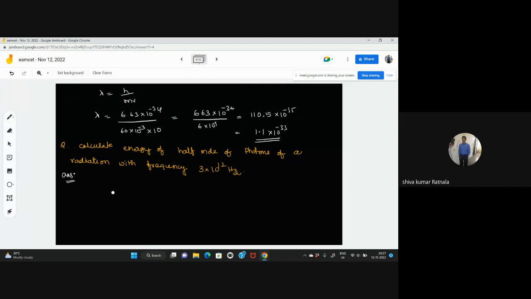Can I solve? See. Now, generally, what we can say, this is photon frequency given, right? So, E equal to h nu, we know, right? Therefore, this will become the energy of a photon.